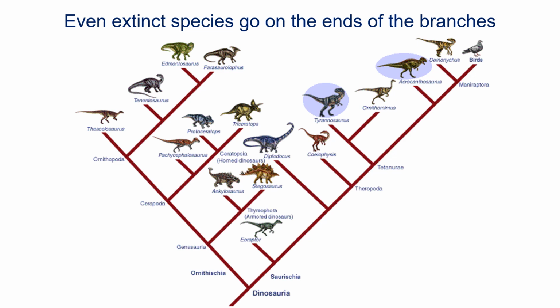You can't put them in the middle of the branches. This is not a diagram that shows us this species evolved into this species, evolved into this species. It doesn't work that way. This is a diagram that shows us relationships. Relationships between species that are extinct, relationships between species that are alive, and relationships between species that are extinct and species that are alive.